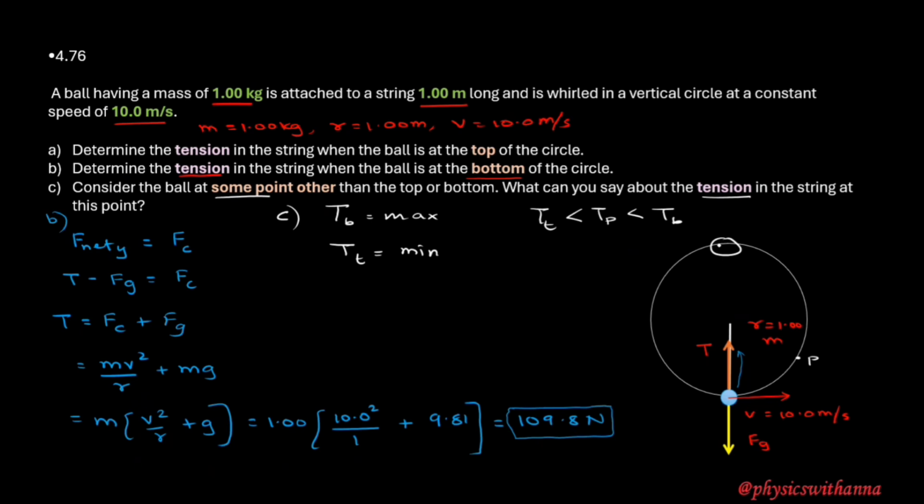And when you come from top to bottom, tension in the string will increase, going from minimum at the top to maximum at the bottom. At any point in between, the value of tension will vary in the manner shown here. It will be greater than the value at the top, but smaller than the value at the bottom.